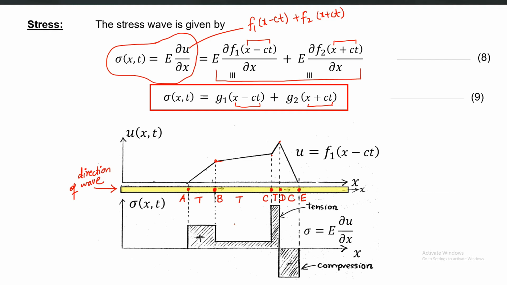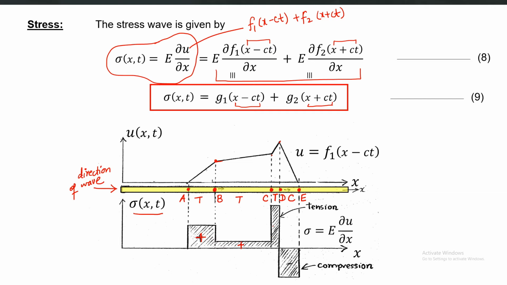So if I plot the stress distribution, it will look like this for the same rod. Point A to B is in some tensile stresses, positive stresses, let's say, and from B to C you again have positive stresses but lesser than the segment AB.